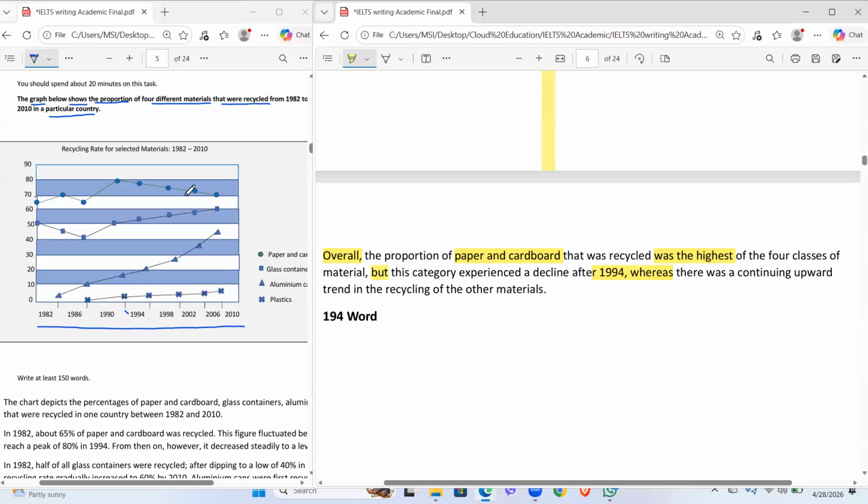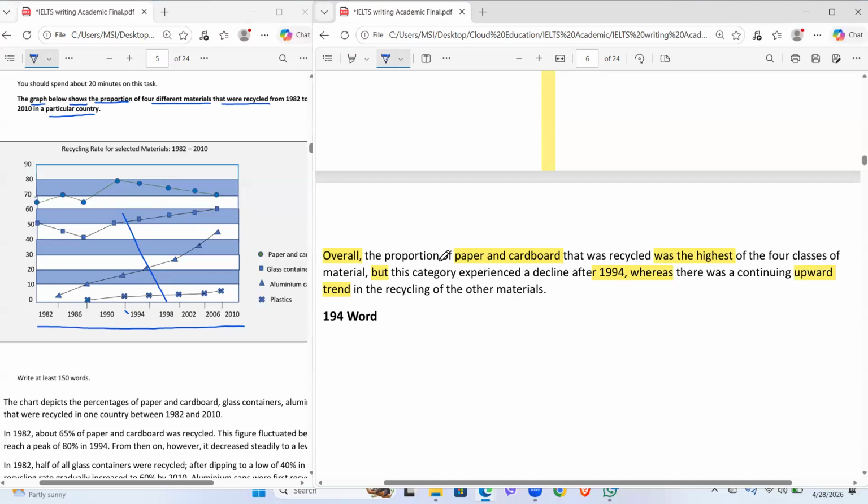Other materials, what trend? All upward trend. So how many sentences are there in overall? 1 sentence. But how many ideas? There are 3 ideas. If you break that long sentence, we can make 3 sentences from here.